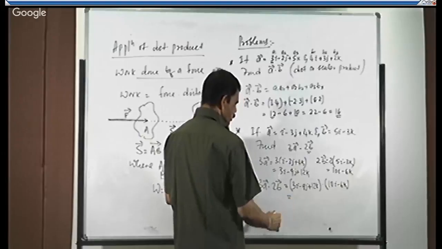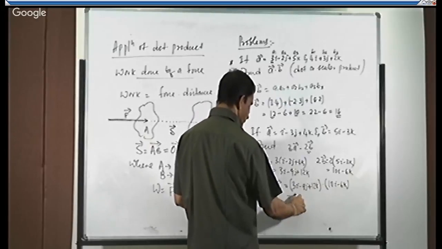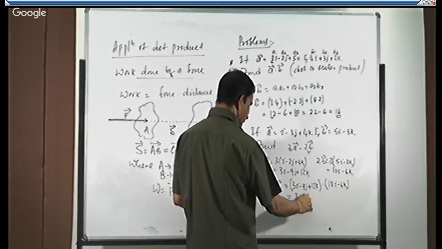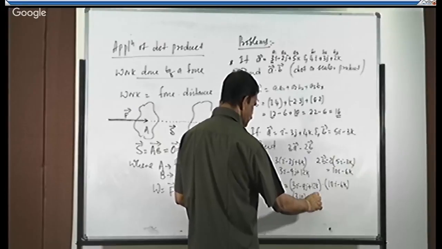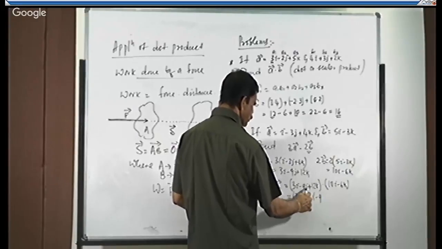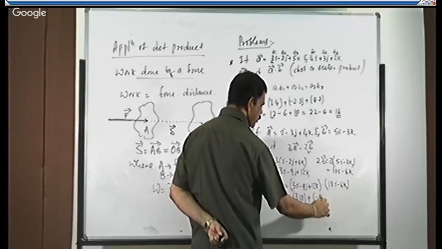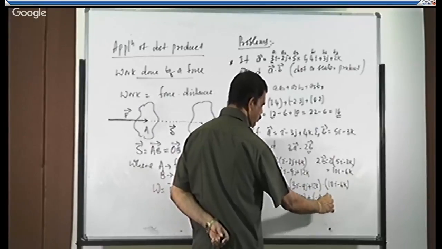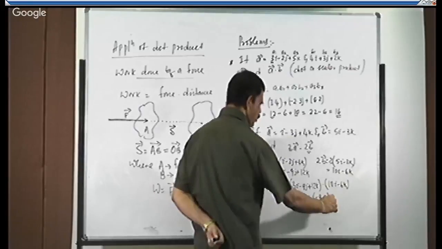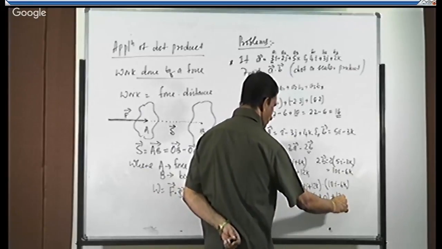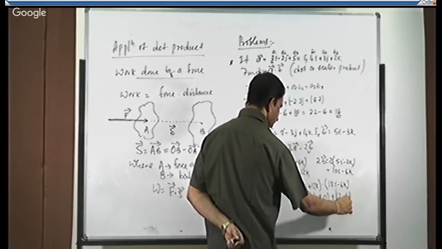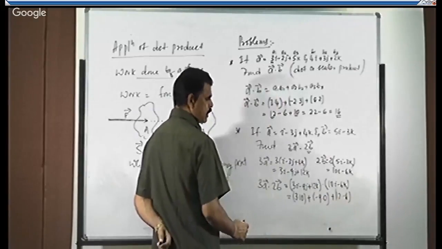Take the product, 3 into 10. Plus minus 9, so the j coefficient is minus 9. Here we don't have a j term, right? Therefore we have to take 0. 0 into j. Plus 12 into minus 6. Correct?